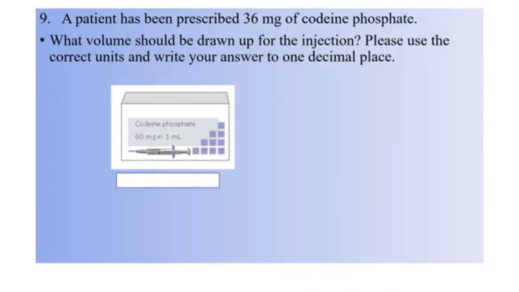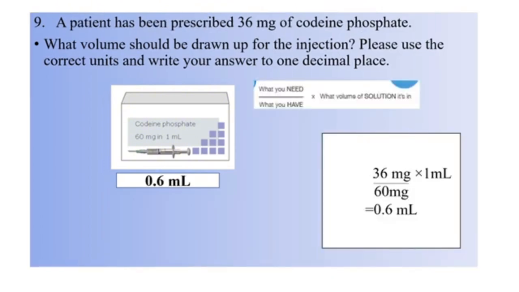A patient has been prescribed 36 mg of codeine phosphate. What volume should be drawn up for the injection? Please use the correct unit and write your answer to one decimal place. The answer is 0.6 ml. So again you have to use the formula, what you need divided by what you have into what volume of solution it's in.